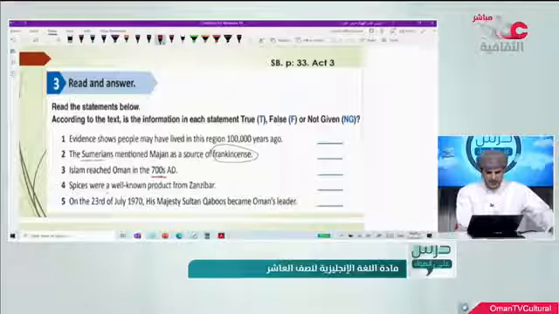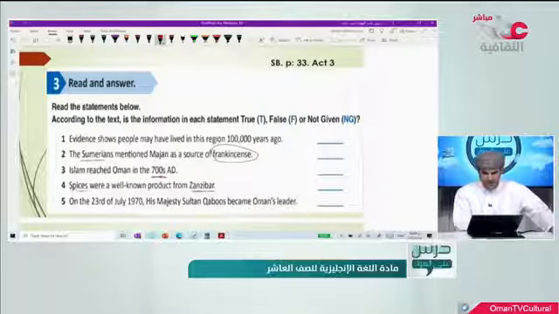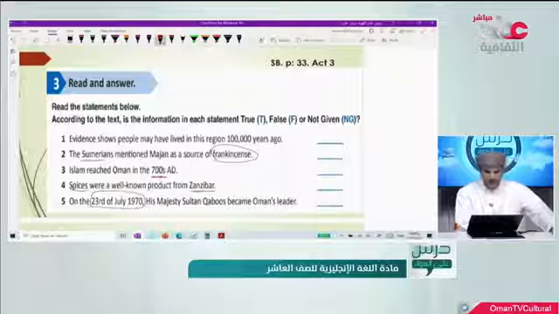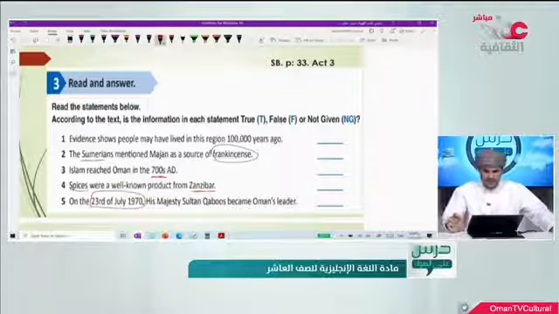Spices were a well-known product from Zanzibar. So spices from Zanzibar. On the 23rd of July 1970, His Majesty Sultan Qaboos became Oman's leader.